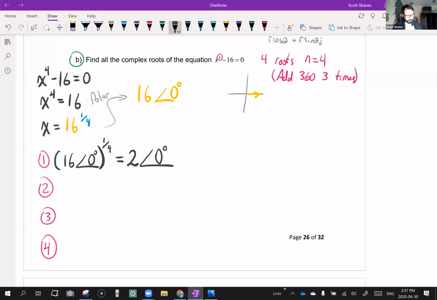Because this is probably the only time I'm going to show this, I'm going to show more work. You can skip this work if you want, but I think it's important for those of you that are still trying to figure it out. Now that we've got that step done, we have 2, and then our angle is, of course, 0. We change that into rectangular form and we have our first root. That should be 2.